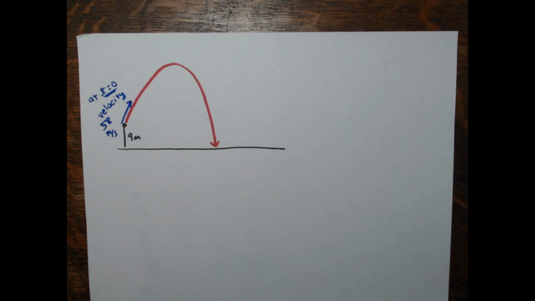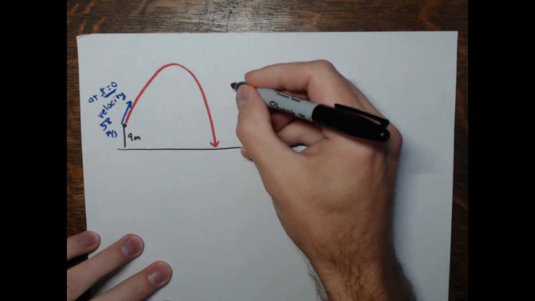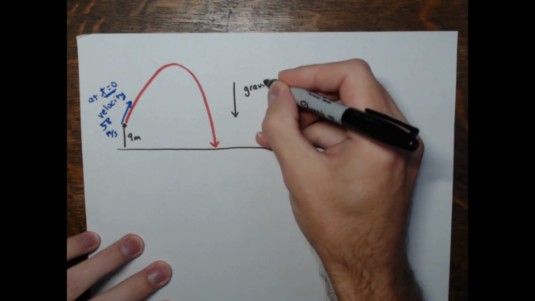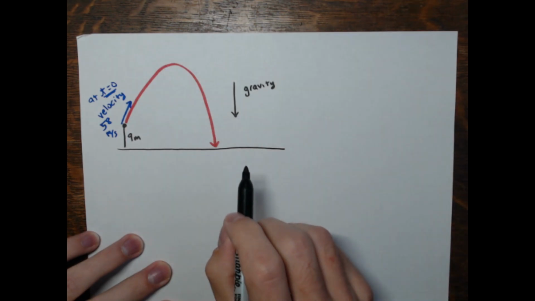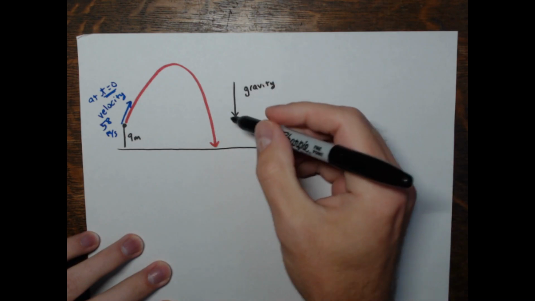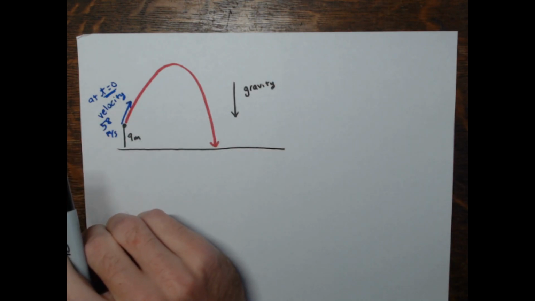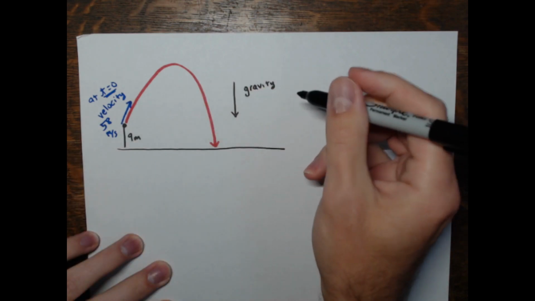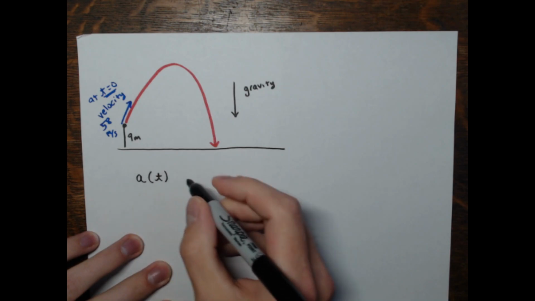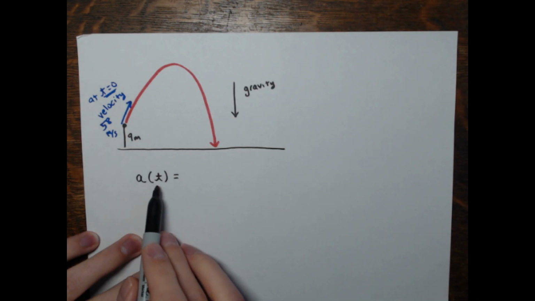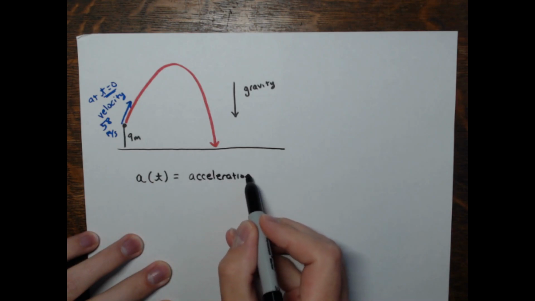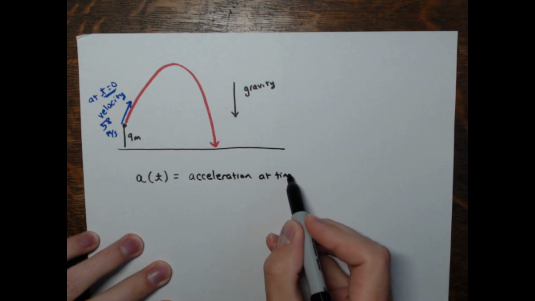The only force acting on it is gravity. Now that's acceleration, right? So again, the only force acting on it is a pull down, and it's being pulled down by gravity. And that's the only force on this rocket. Again, going up will be considered the positive direction, going down will be considered the negative direction. So the acceleration, I'll call A of t, the acceleration at time t.